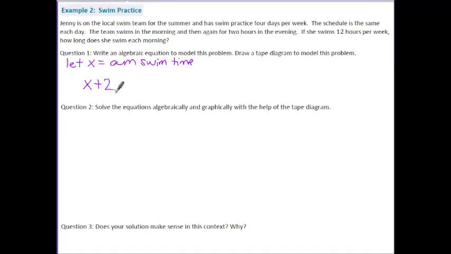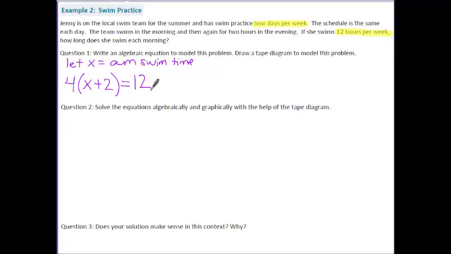And it tells us that she swims 12 hours per week and practices 4 days per week. So this tells me that this represents 1 day. So if I wanted to represent 4 days, we would multiply this result by 4. And it is equivalent to the total number of hours she swims per week, which is 12.